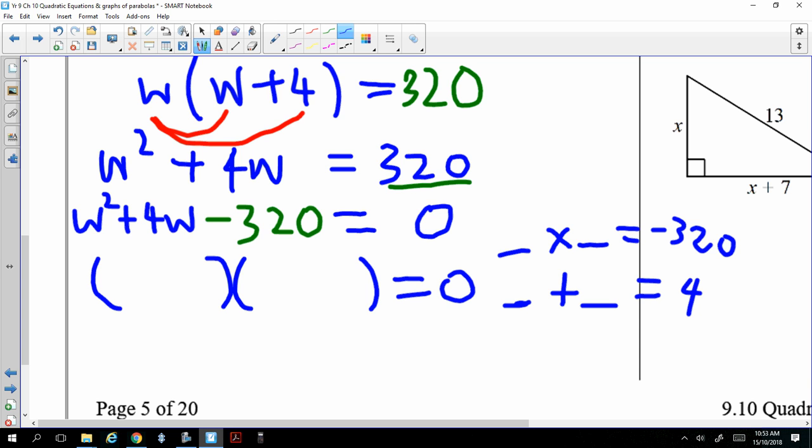Well, 2 plus 2 is 4, but they do not multiply to get negative 320. One of them has to be negative. So what would that be? 20 and 16. Very good. So which one is negative, 20 or 16?